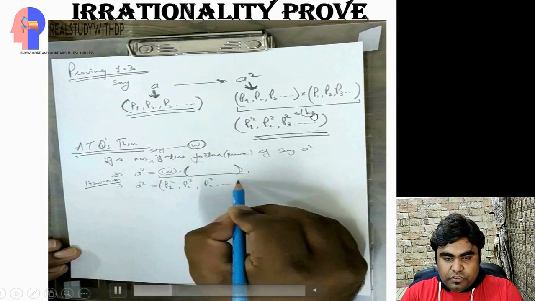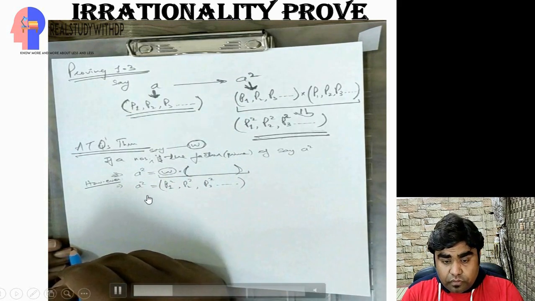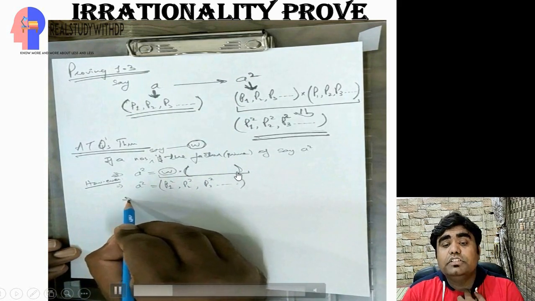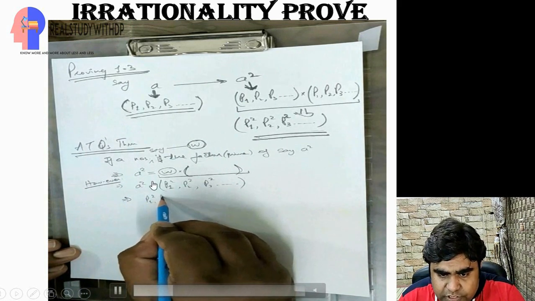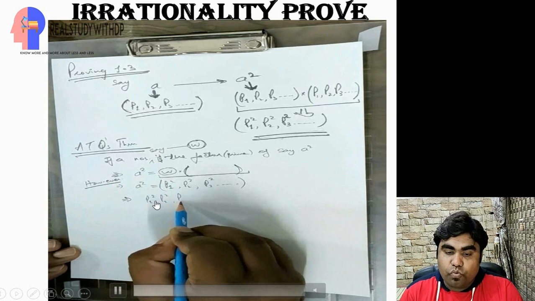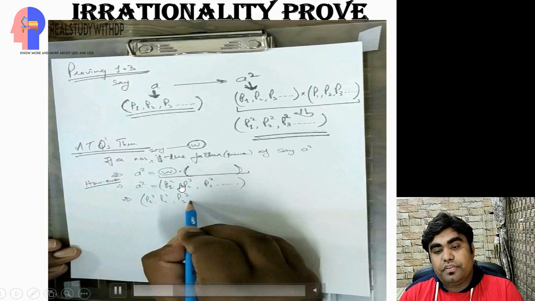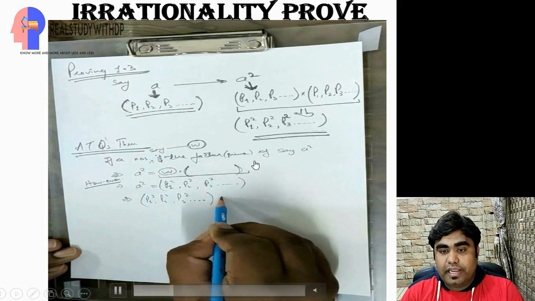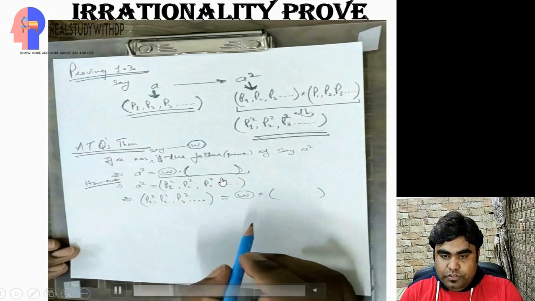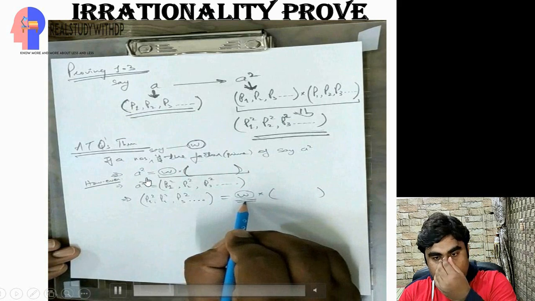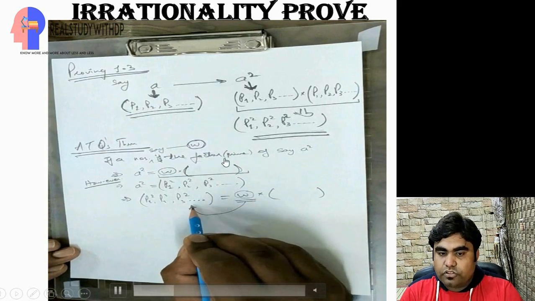So I think there is no doubt in this particular statement. Moving on, as we are also pretty much aware, and we have shown over here, a square will be this value, so I can write it like this also.